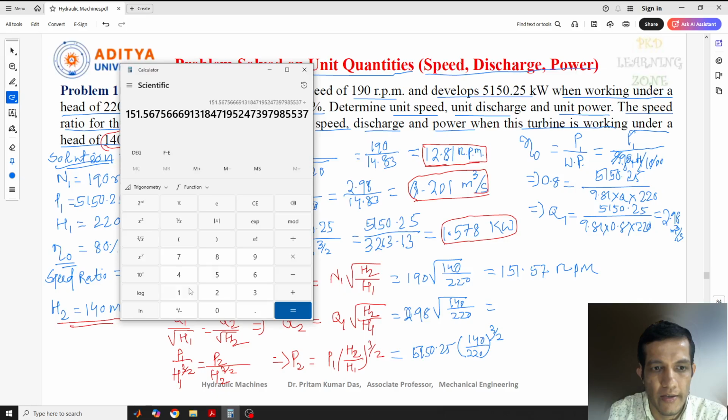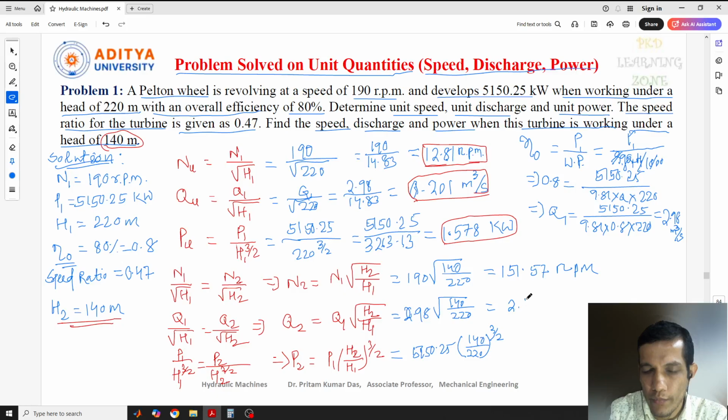The next one: I'll just take 2.98 and multiply, 2.377. So here I got 2.377 meter cube per second. The last one is power.